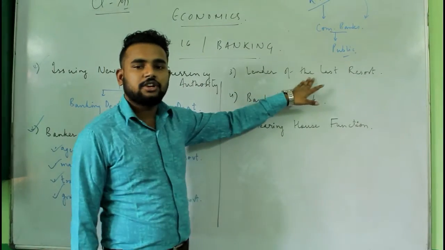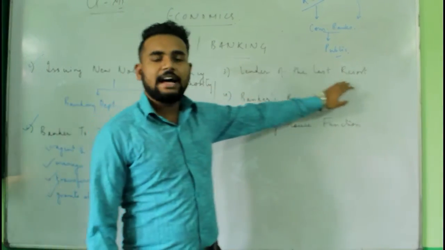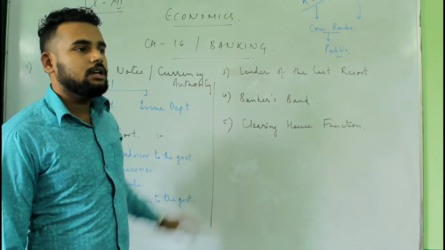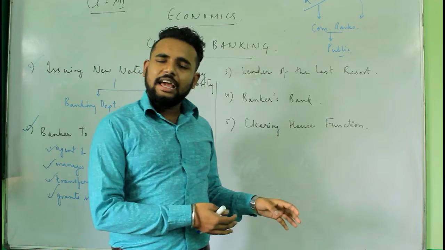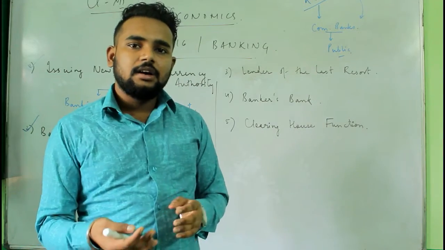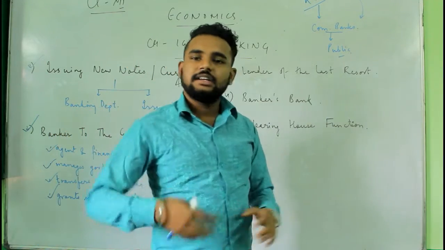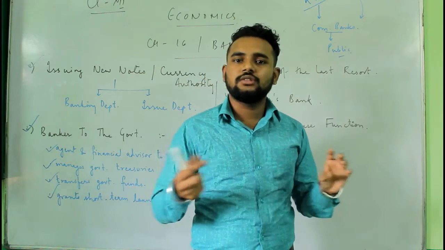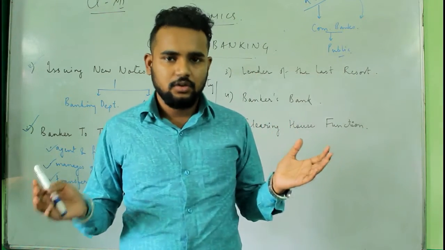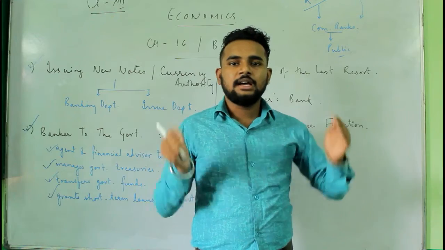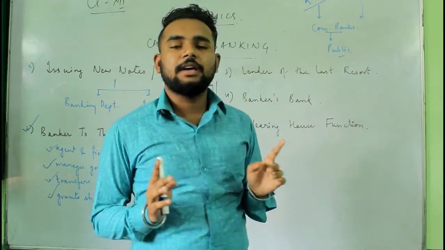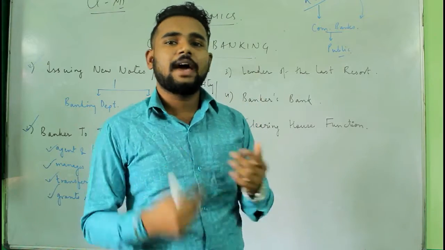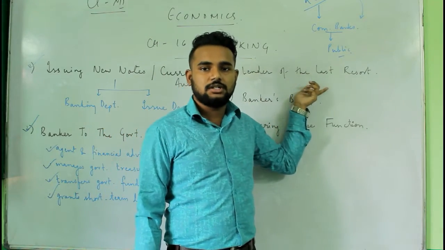The third point which you can see here is lender of the last resort. What does it mean, lender of the last resort? In case any commercial bank needs money and is unable to manage the money from anywhere, that commercial bank can approach the RBI, and the RBI always offers a loan to such a bank against approved securities.